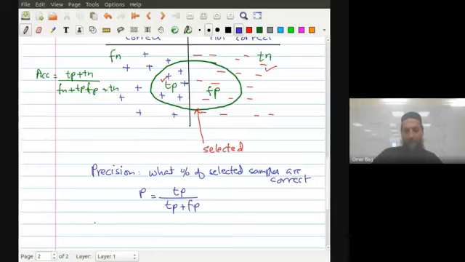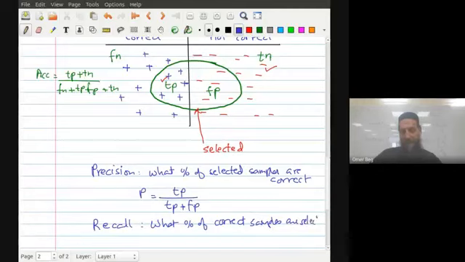Then similarly, the parallel metric is recall. Recall tries to capture what percentage of correct samples are selected by your classifier.